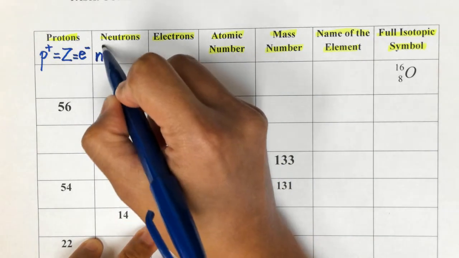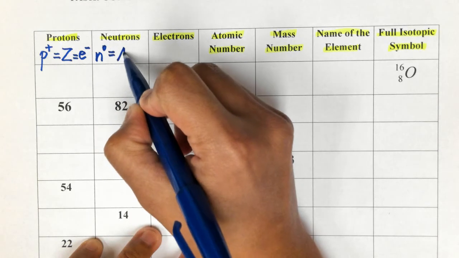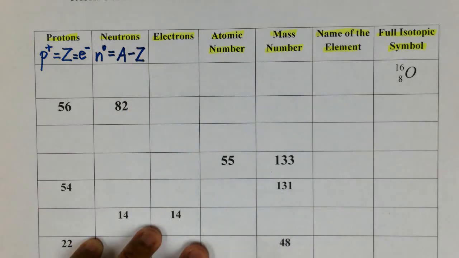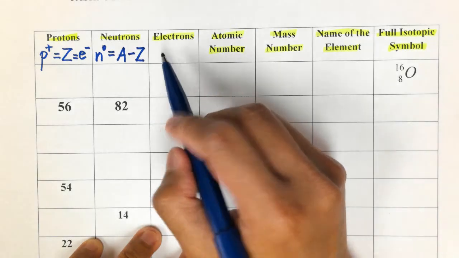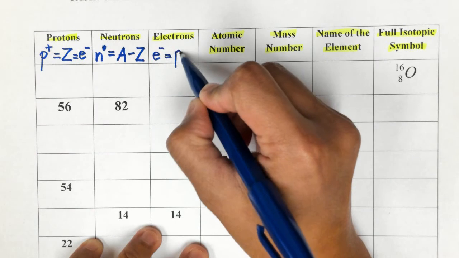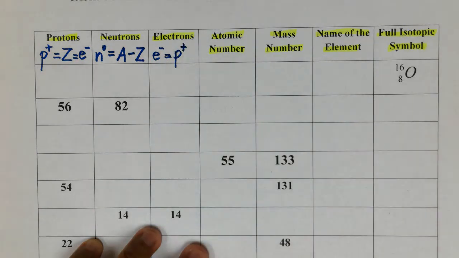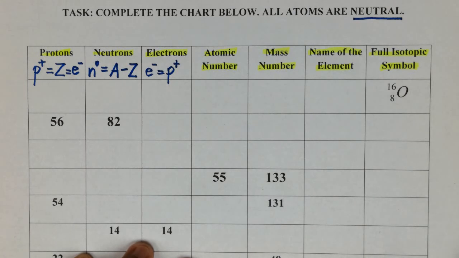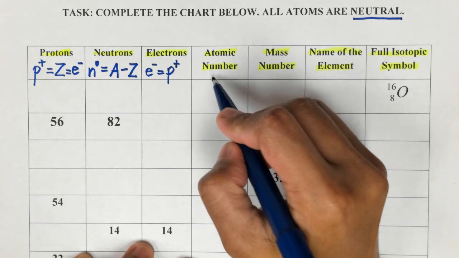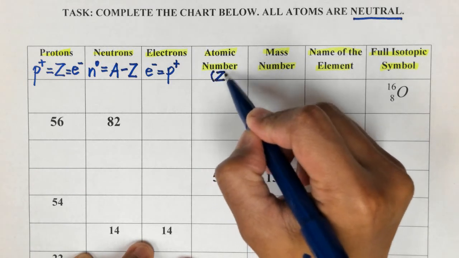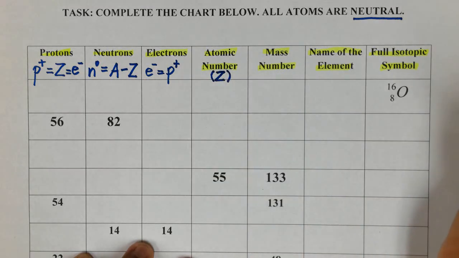For neutrons, the formula is A minus Z. The third one is electrons. E negative is just equal to the positive protons, because again, all atoms are neutral. The next one is atomic number, which is the Z symbol.